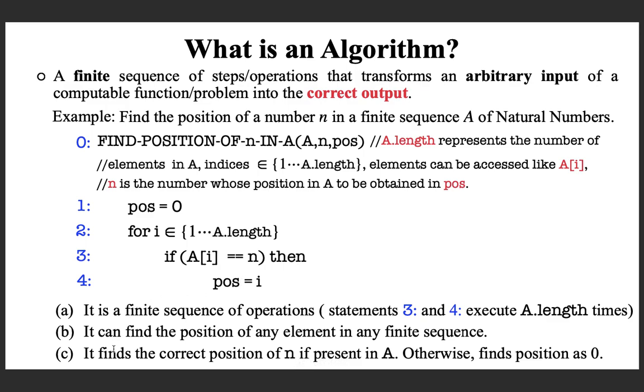It finds the correct position of the given number if it is present in the sequence, and otherwise the position will be returned as 0. 0 means it is not present. If it is present, you will get a valid index from 1 to length, such that at that particular position the element will be present. Otherwise, it will return 0, indicating that the given element n is not present in the sequence.